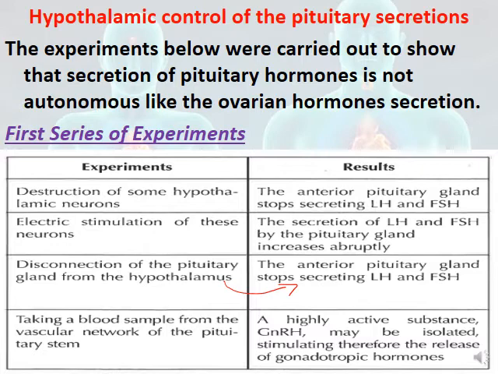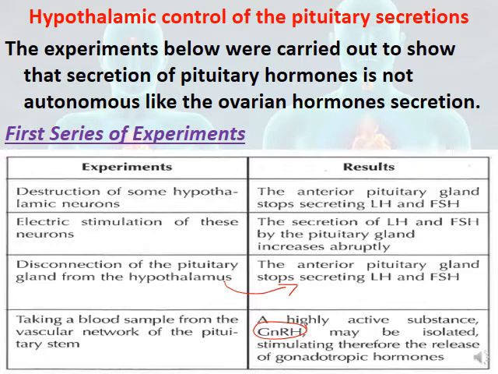Last experiment, we took a sample from the vascular network of the pituitary stem. So we have a highly active substance, GnRH, which may be isolated, stimulating therefore the release of the gonadotropin hormones. So this means that the control between the hypothalamus and the pituitary gland is chemical, at the level of the pituitary stem, where the hypothalamic neurons release a substance into the blood.